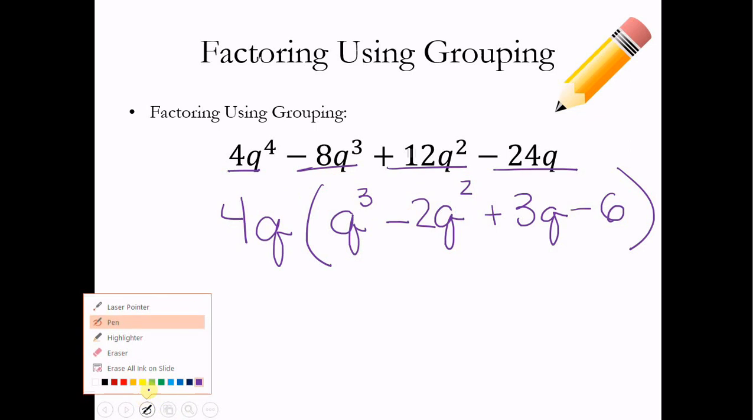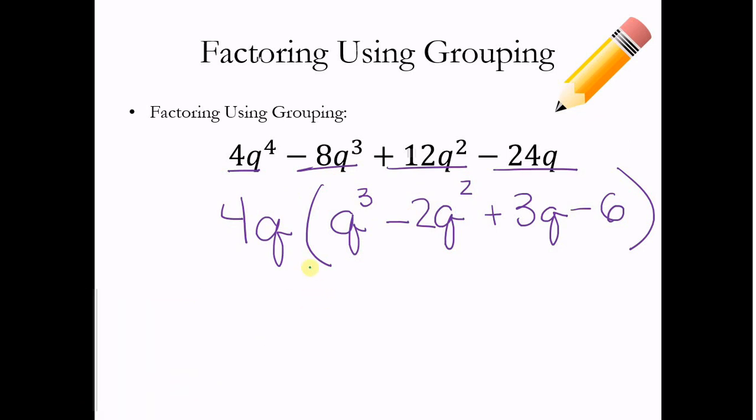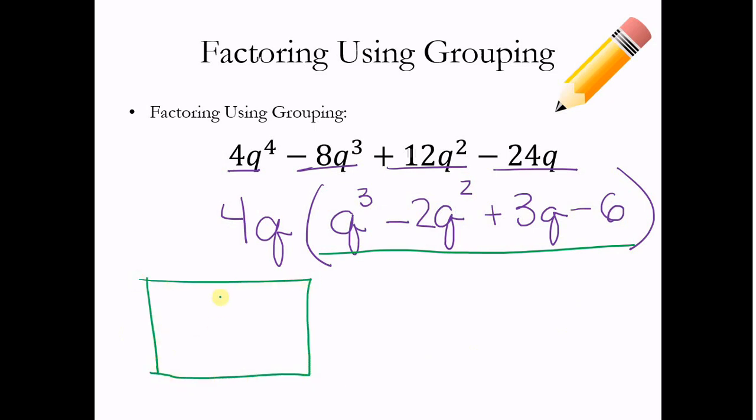This particular thing right here, I'm going to underline it for you. This goes in the box now. So I got q to the third, minus 2q to the second, 3q, and negative 6. Alright, so q to the third, and no numbers, right?